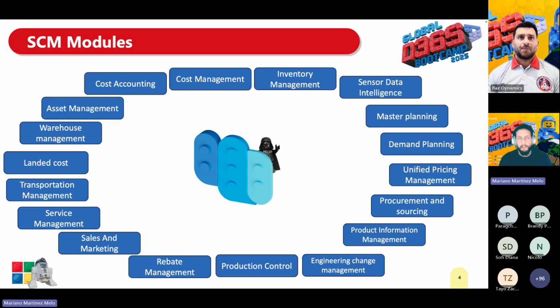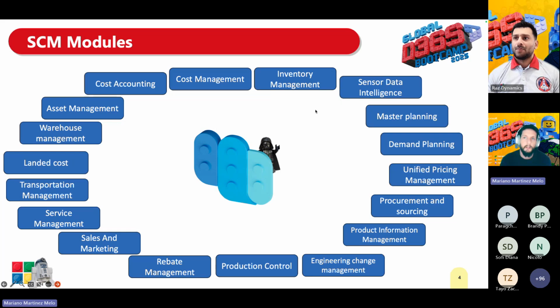Cost management is how we can handle the cost of our inventories and sales and all the processes that happen with inventory mostly. Inventory management is one of the core modules of supply chain. It handles all the inventory, all the stock that is moved within the company.